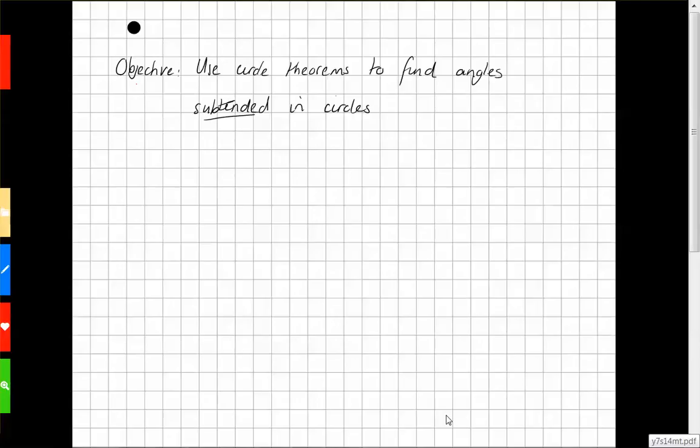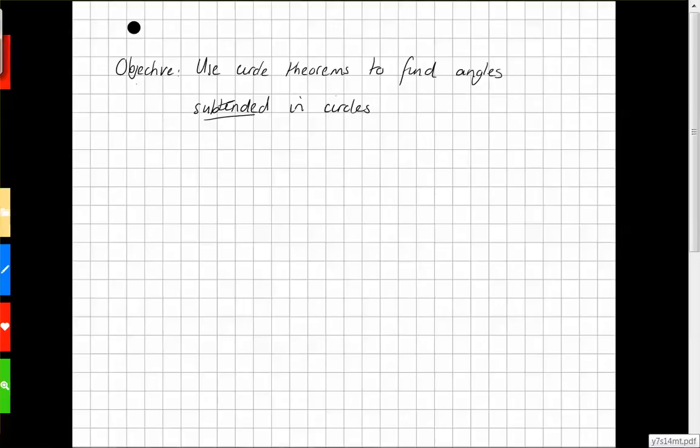And there's a couple of bits of vocab we need to learn, like produced, and things like that, which mean something in circle theorems. So unfortunately, to start with, we're just going to write a few circle theorems down. But you've said you've started this, so you'll remember some of them. Remember, the whole point is that we use these circle theorems to calculate an angle, so you are going to have to remember them.